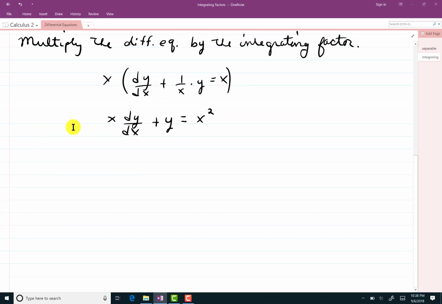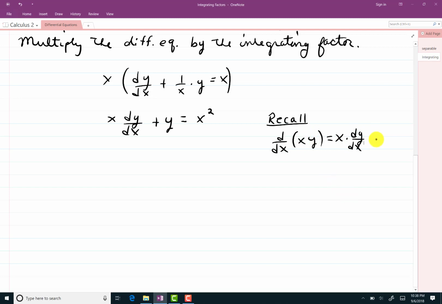Now, the neat thing about this, here's what it does for us. Look at this side over here. Recall that if I take the derivative of x times y, that equals, well, on the one hand, I'll start with the derivative of y first, so I'll get x times the derivative of y. The derivative of y is nicely written as dy over dx.